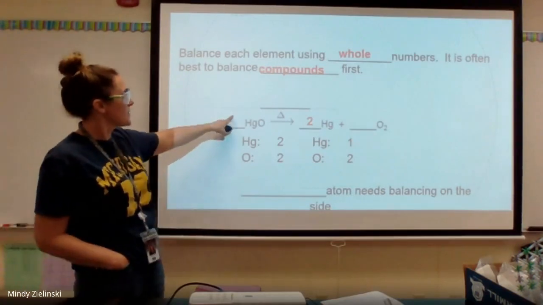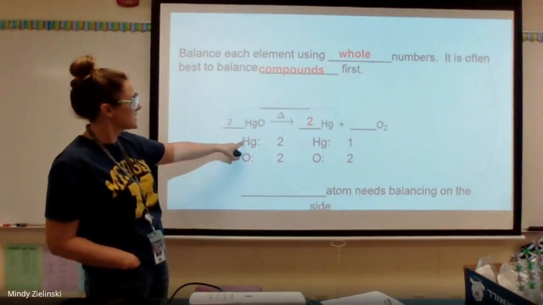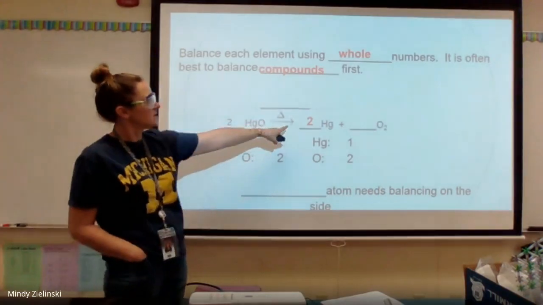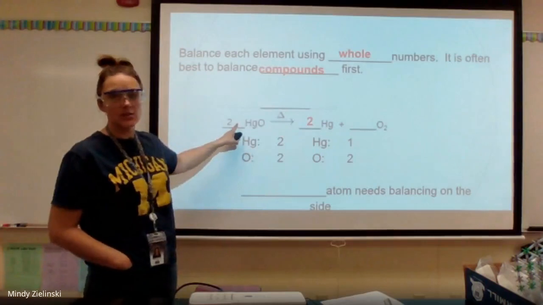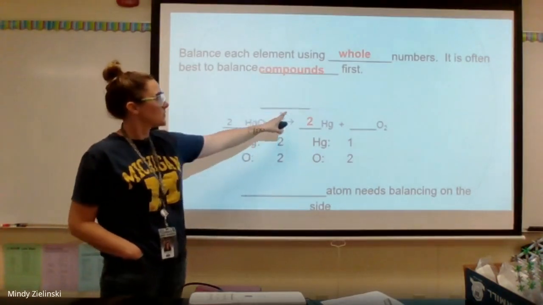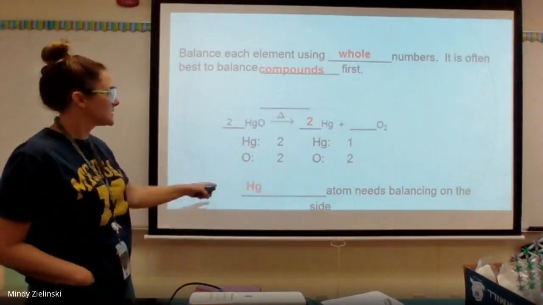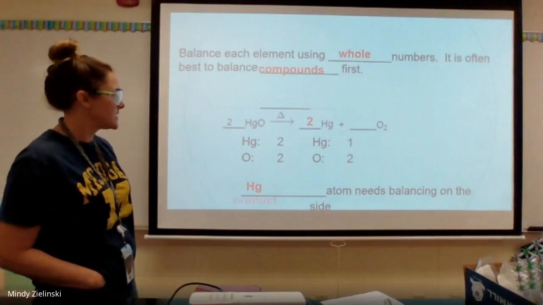Now, in doing that, it kind of made a mess with mercury, right? Because now we have 2 mercuries. Yeah, it fixed the oxygen, but notice that we have to put a 2 over here by mercury because, again, I cannot destroy mercury, okay? So it broke up into 2 separate mercuries. And that's what we're saying here, that the mercury atom needs balancing on the product side.